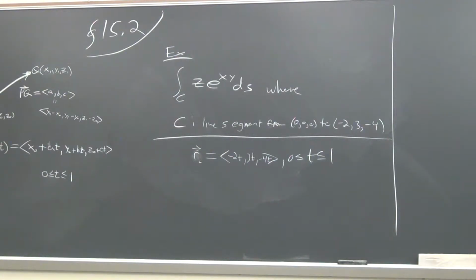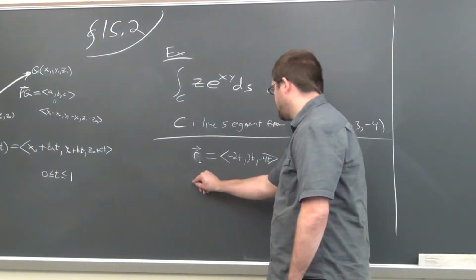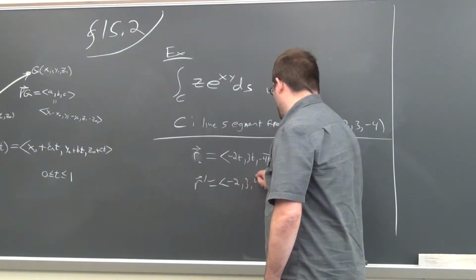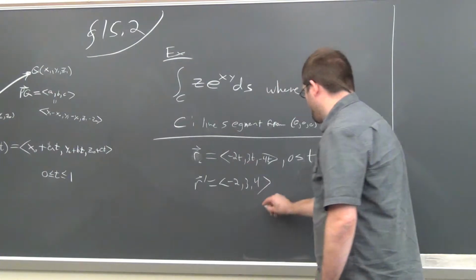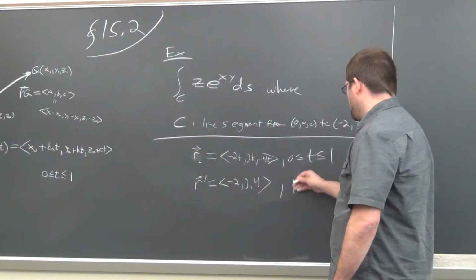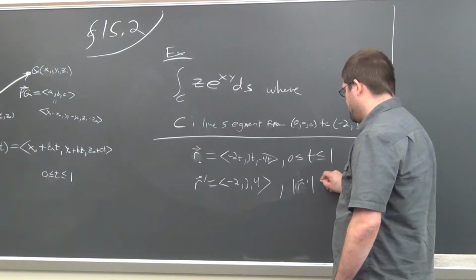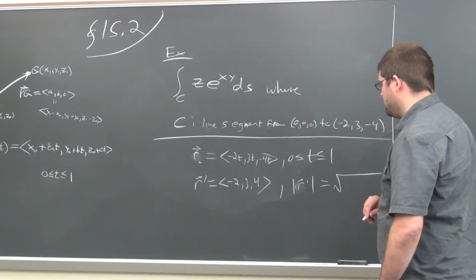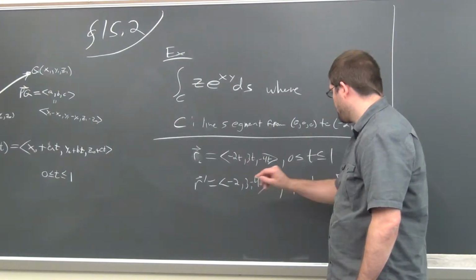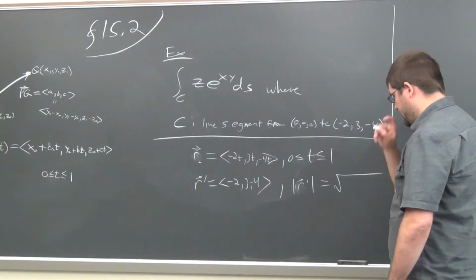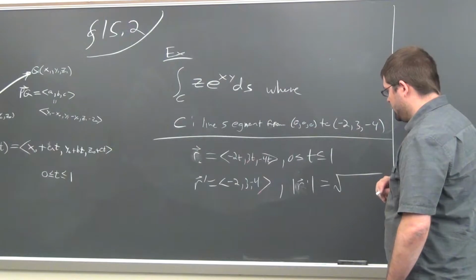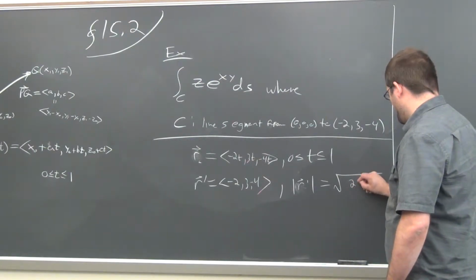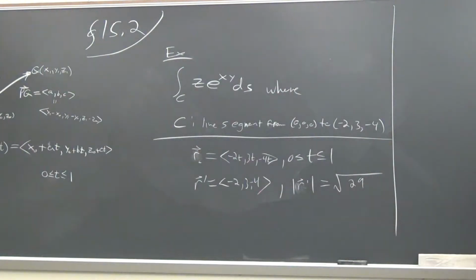So what is it? 4, 9, 16, which adds up to 29. Is that okay with everybody?